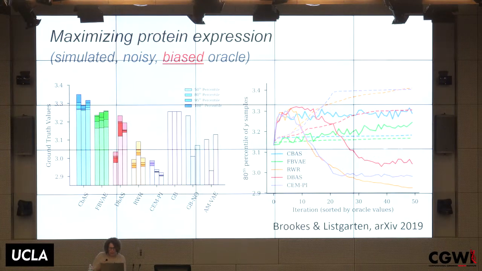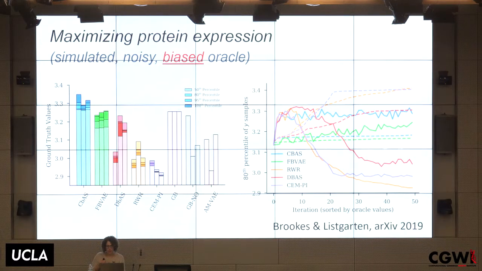It's a bit of a complicated plot, but let me explain. Let's look at one of the worst methods. This RWR is a method that some reviewers told us to compare to from robotics. It's the link, if you will, to reinforcement learning in robotics. And it's particularly susceptible to going crazy if the oracle has any errors in it.